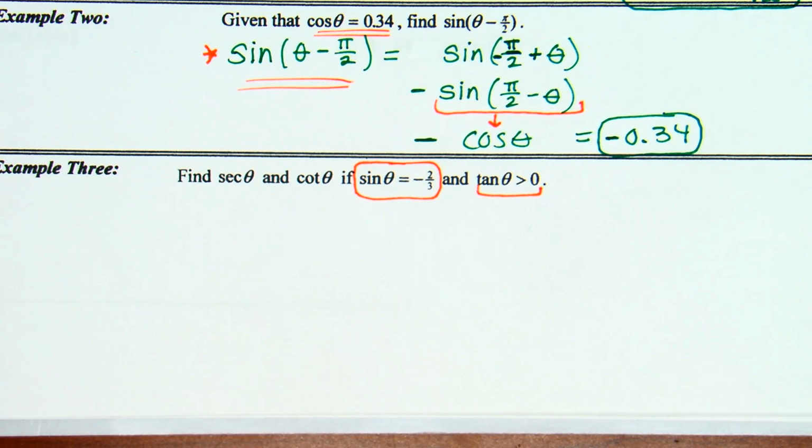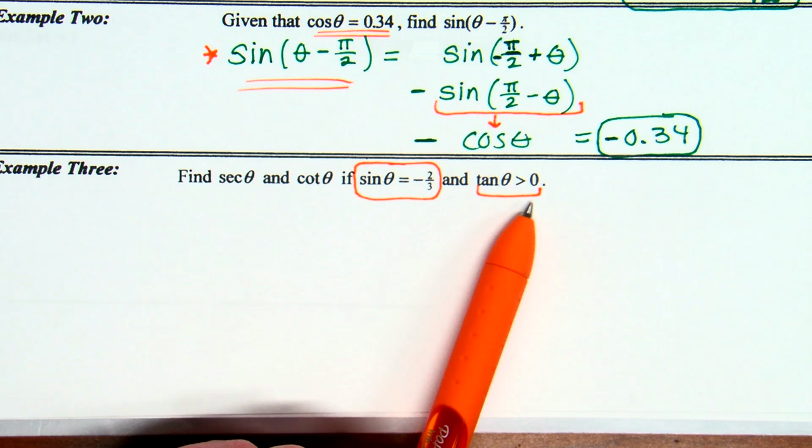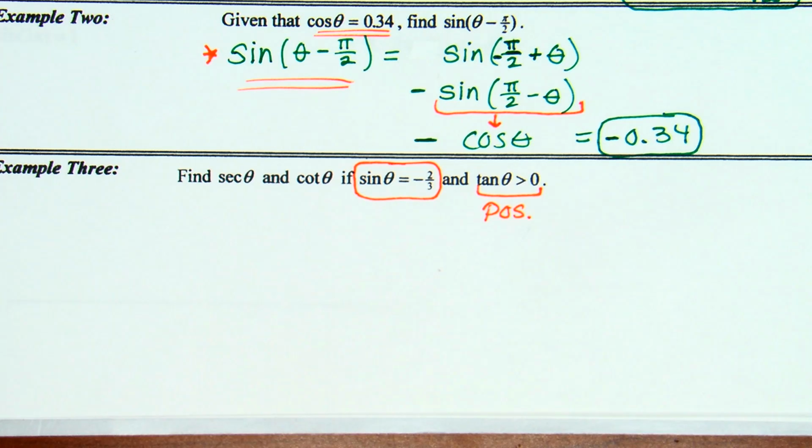Again, kind of like example 1. So I'm curious where you guys would like to begin. Tangent of theta greater than 0 is code for saying tangent is positive. That's their code. Thoughts on where to begin?